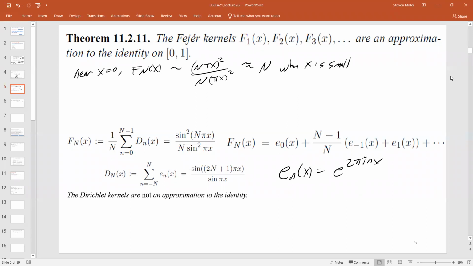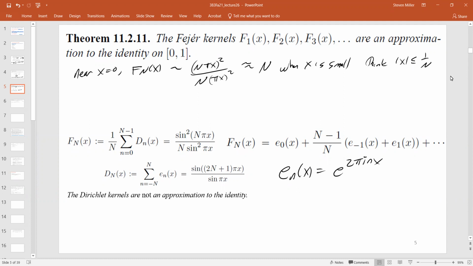Now, what do we mean by x is small? I want the argument of sine squared n pi x to be close to 0. So x really shouldn't be much more than 1 over n. So think, say, absolute value of x less than or equal to 1 over n as a reasonable scale to try something like this.